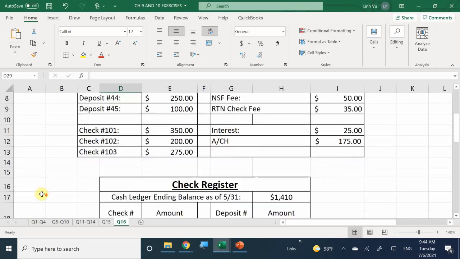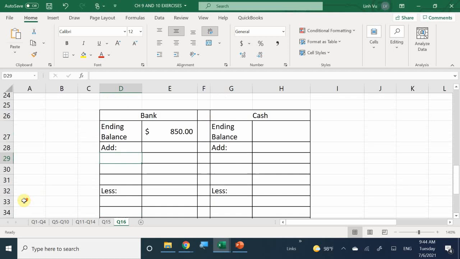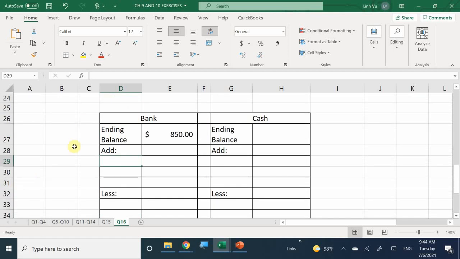So I need to add the deposits in my bank, because the next day or a couple days after, it should clear in my bank account. So in this case, I have deposit number 46 and deposit number 47 that has not cleared.